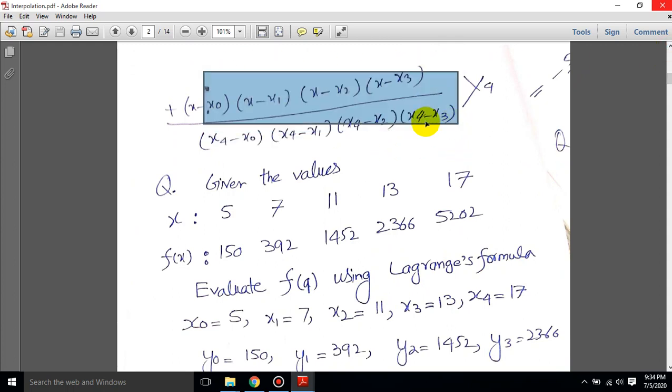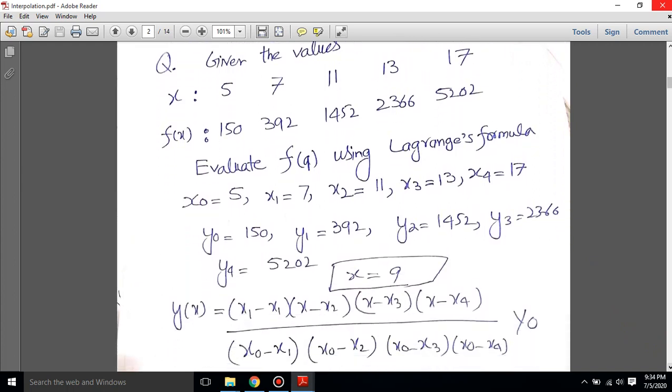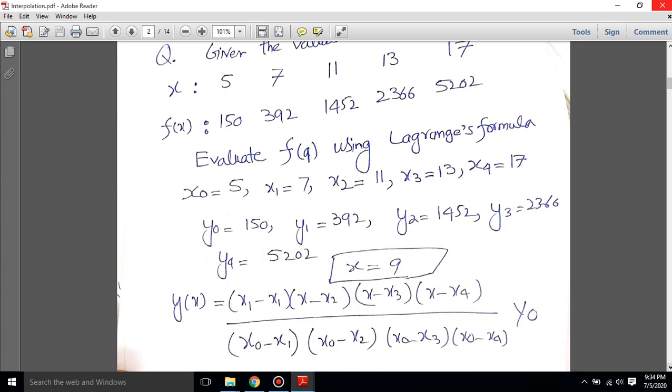Now we're going to define our basic parameters: x naught, x1, x2, x3, x4, and y naught, y1, y2, y3 and y4. From the given set of data, we take x naught equal to 5, x1 equal to 7, x2 equal to 11, x3 equal to 13, and x4 equal to 17.